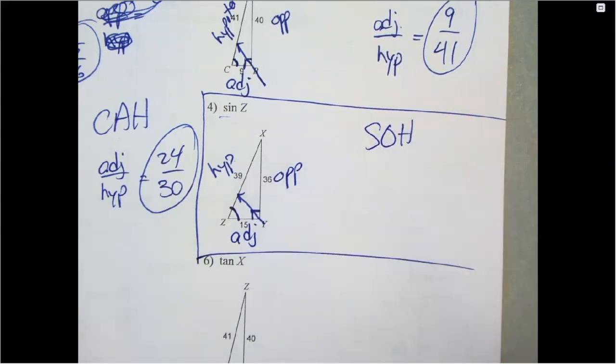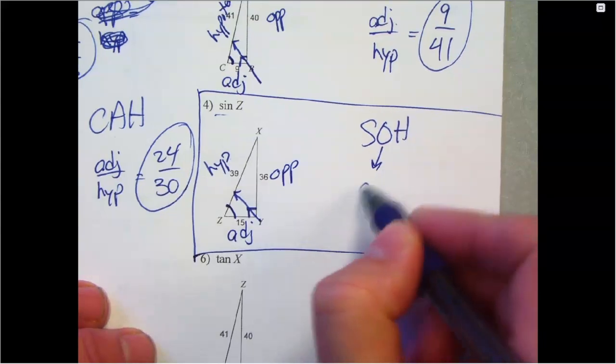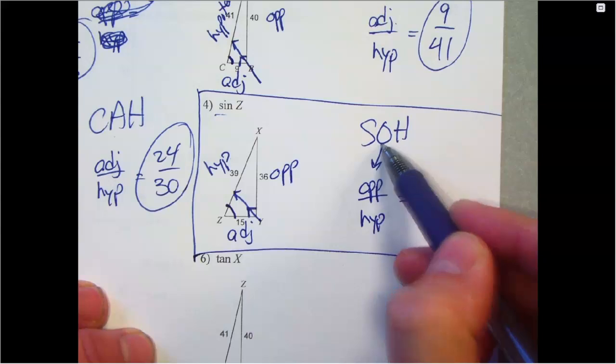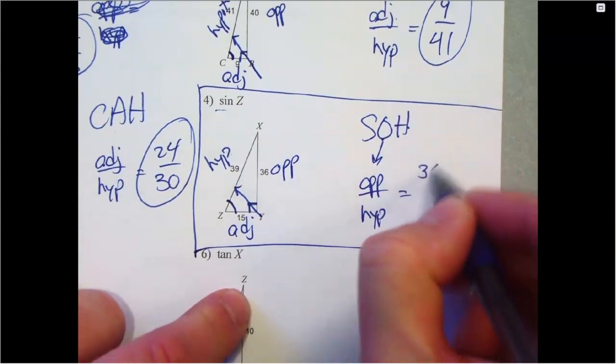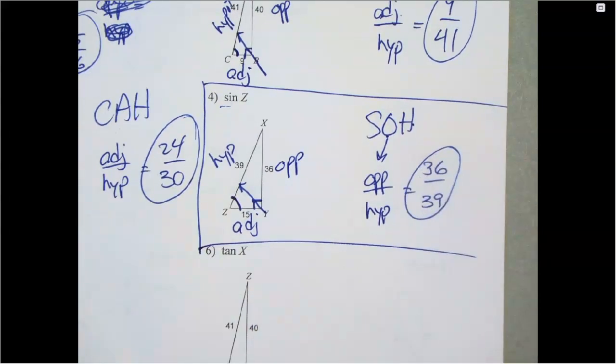So that's SOH. 36, hypotenuse is 39, and that would be your answer. Raise your hand if you have that. Give me thumbs on this. Thumbs down, sideways, how are we doing with these?